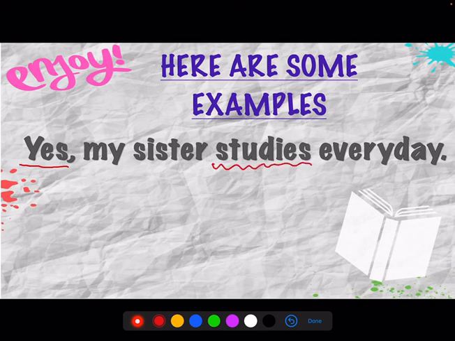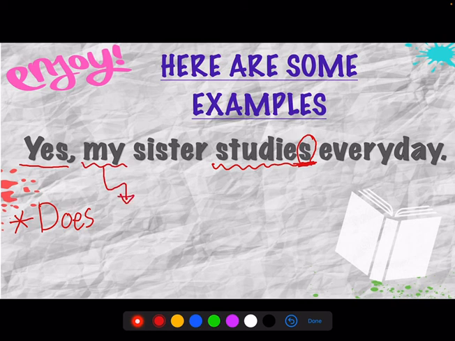But there's something different in this verb, which is the S. The S is added to the verb. So I know that if I have S, it will automatically be does. So my question will start with does.